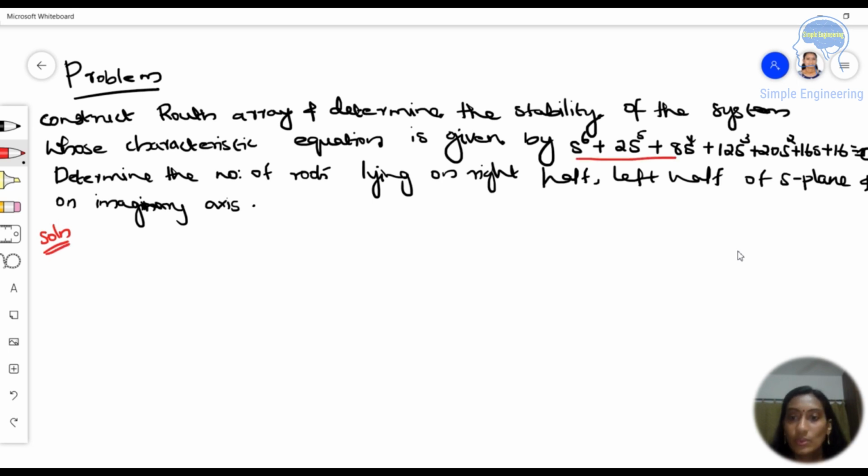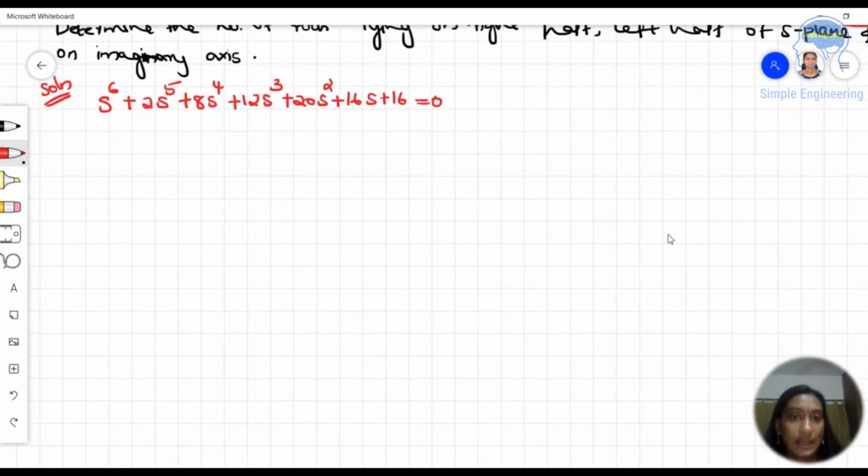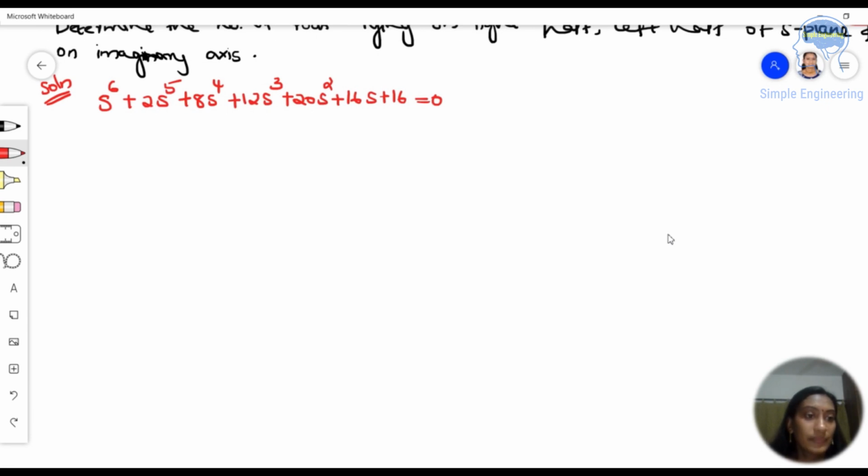First you have to take the characteristic equation, that is s power 6 plus 2 s power 5 plus 8 s power 4 plus 12 s cube plus 20 s square plus 16 s plus 16 is equal to 0. In order to find the Routh array, you have to take s power 6, s power 5.